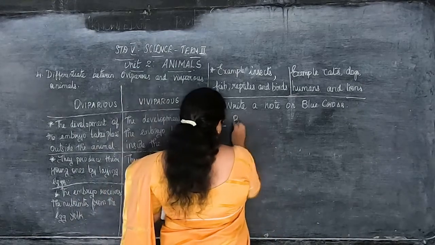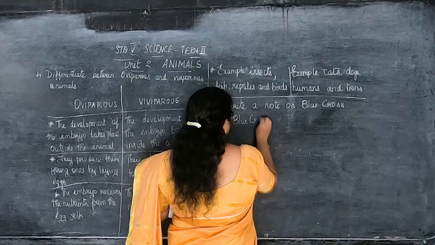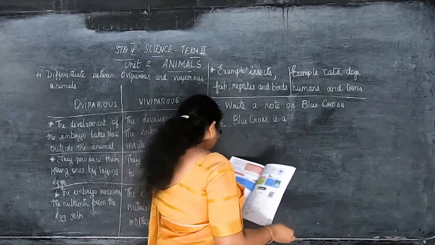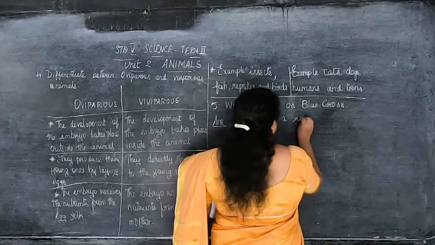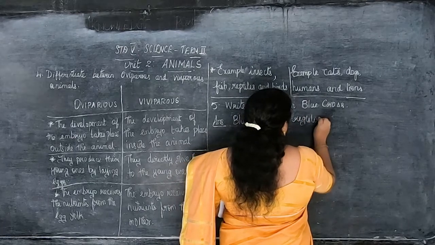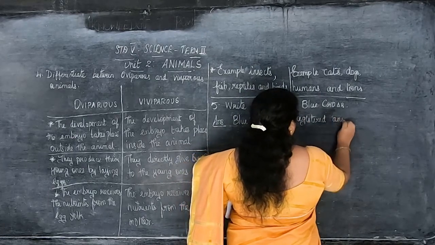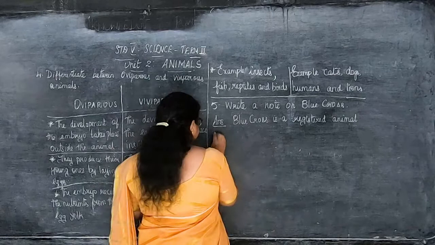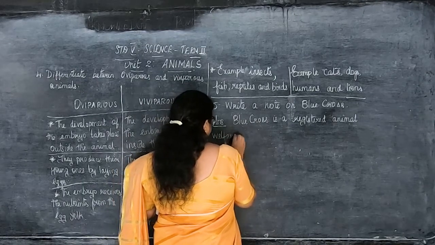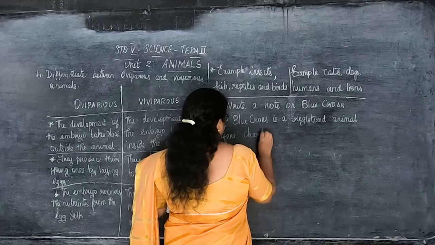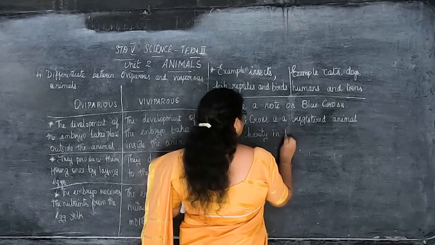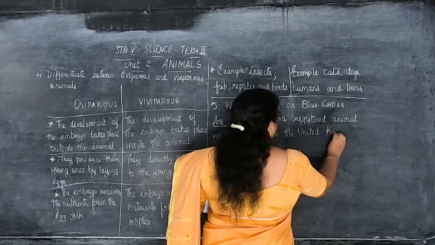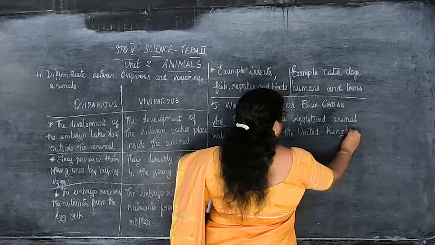Blue Cross is a registered animal welfare charity in the United Kingdom. That is UK we say, no? That is United Kingdom.